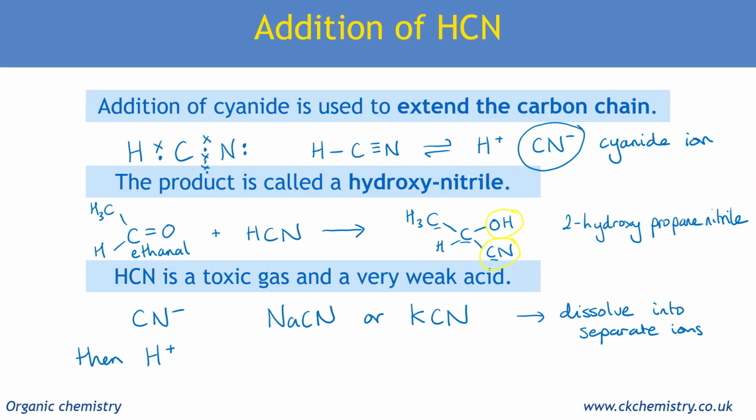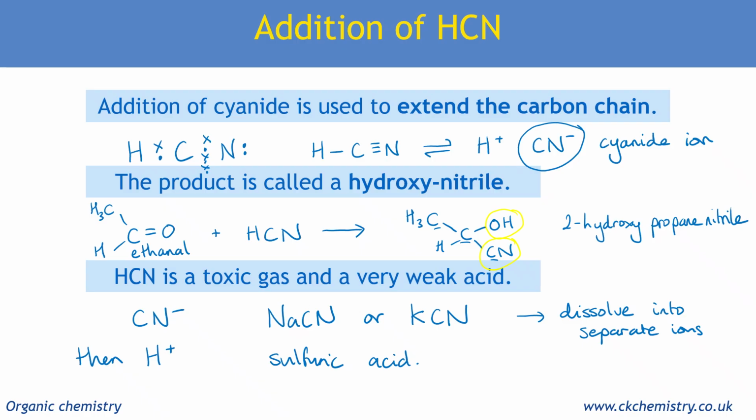I can dissolve hydrogen cyanide, but because it's a weak acid, it only partly dissociates, so I'd have a very low concentration of CN-. I also need the H+, so I'm going to add some sulfuric acid. We tend not to add hydrochloric acid because chloride ions are nucleophiles themselves and we don't want to get those involved.